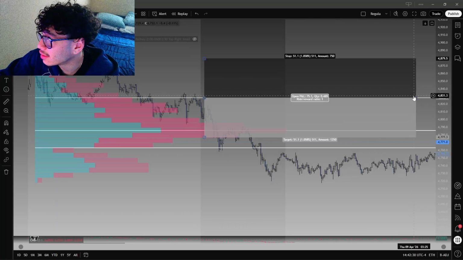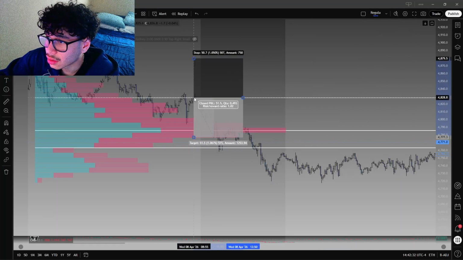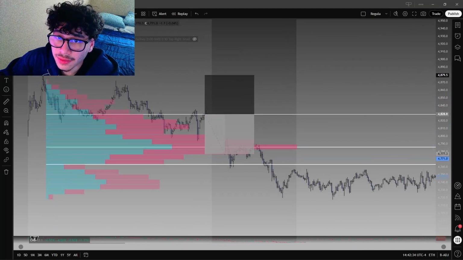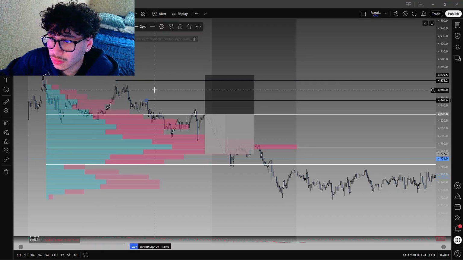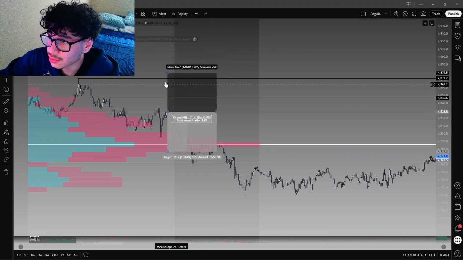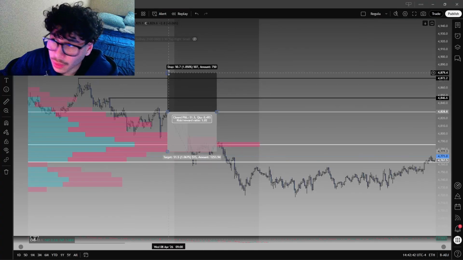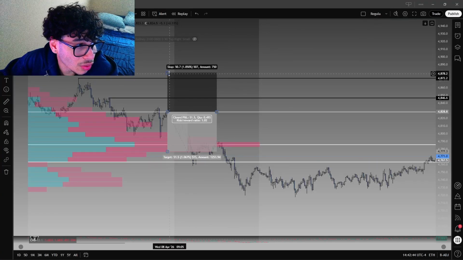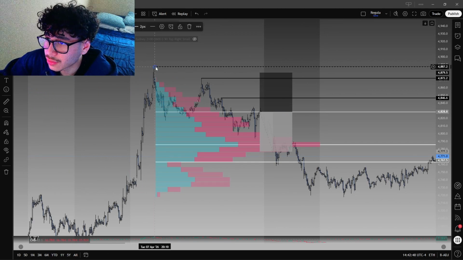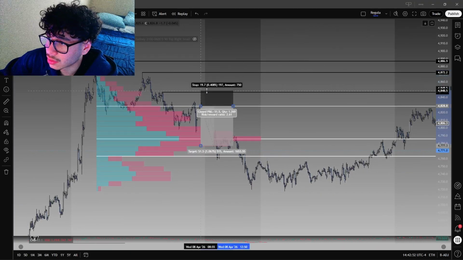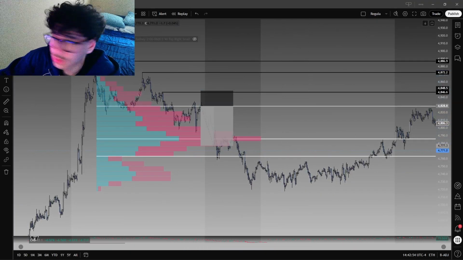So you could have had an entry off this one, and if you mark out support and resistance levels, those could have been your stop losses. If you wanted to risk more, you could have had it all the way up here, which honestly wouldn't be too logical for me, but I would have done something more like this. Let me zoom in more.